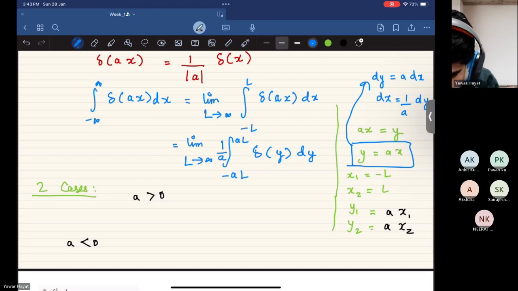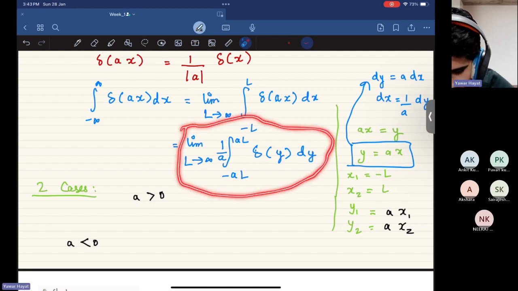Because the limits now depend on this a. Earlier, this did not depend on a, but now since we have chosen the variable of integration such that these limits have a, the value of this will depend on the sign of a.